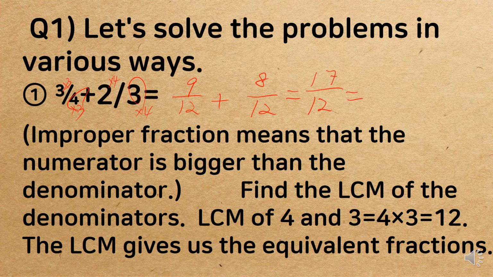The 17/12 is an improper fraction, so 17 divided by 12: 1 is the quotient, the remainder is 5. The quotient is the whole number, the remainder 5 is the numerator, and the denominator is 12. So the final answer is 1 and 5/12.